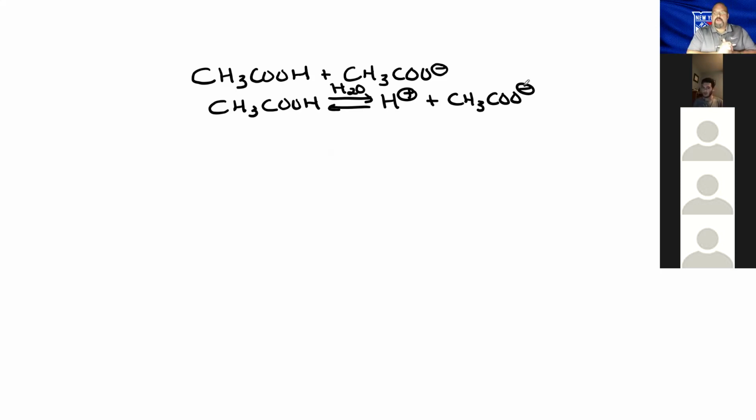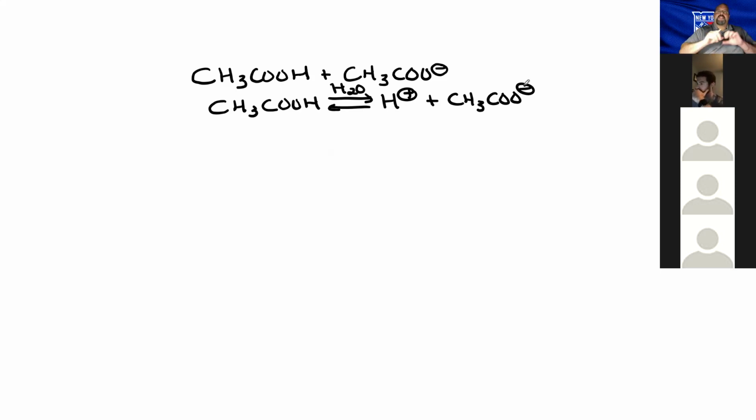Now, we also learned in the notes that we can tell from this equation that acetic acid is a weak acid. And how do we tell that from looking at the equation? We tell that by noticing the double arrow. The double arrow tells us that for acetic acid, its dissociation is never full. Its dissociation is only partial.